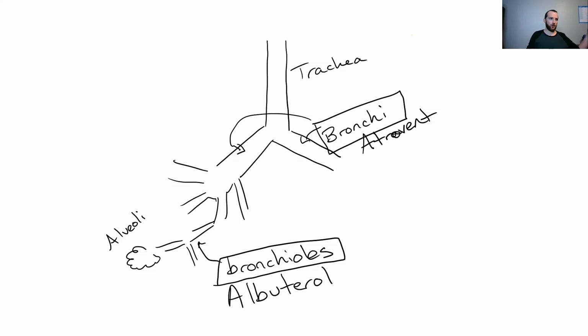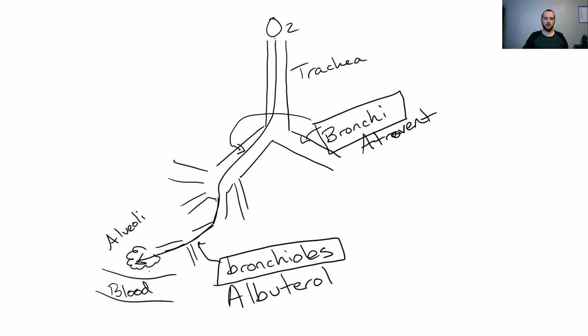Trigger the sympathetic nervous system, block the parasympathetic nervous system, dilate the big bronchi, and also dilate the little bronchioles. We're really trying to open up everything as much as possible so that the oxygen we need to get all the way down to the alveoli has a much easier time getting there, where it's then going to get into the bloodstream.